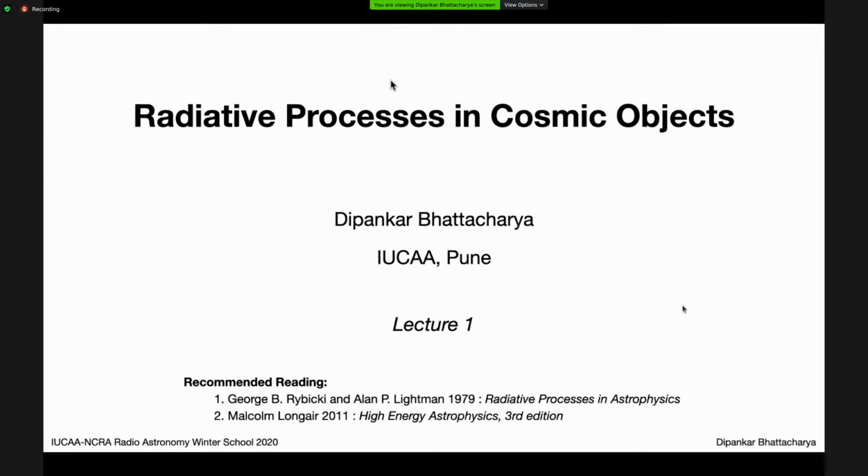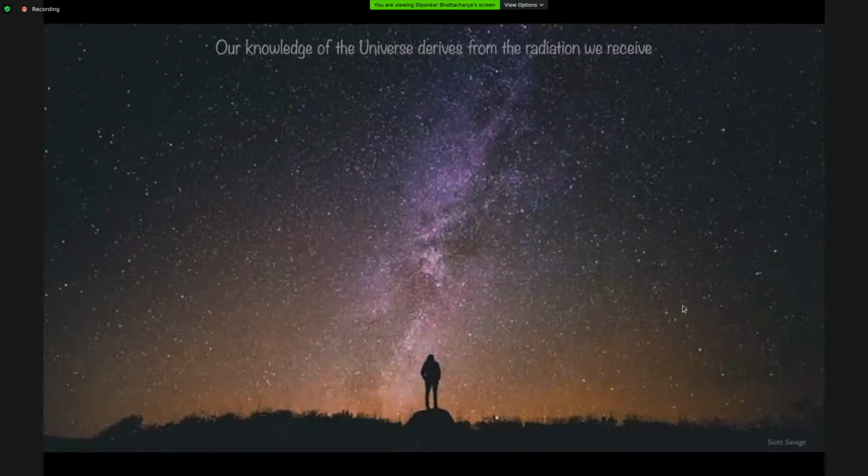And you would have already seen that when you look at the sky in radio, it looks quite different from if you look up at the sky and see it with your naked eye, right?